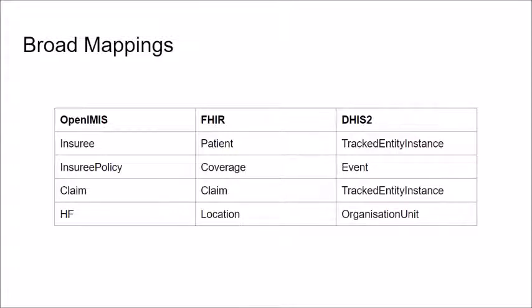Then we mapped them into these three buckets. So the insuree from openIMIS becomes a patient in FHIR, which is another representation in DHIS2, and the same for claim. It becomes a FHIR claim object, and then it goes to another representation in DHIS2.